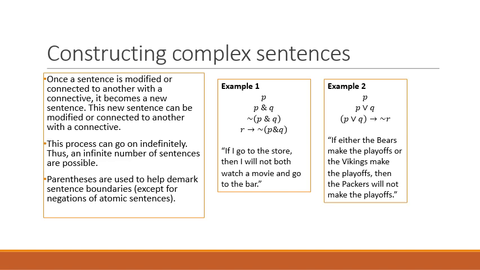The Q here is Vikings make the playoffs, and the R, not the not R, but the R, is Packers will make the playoffs. So not R would be Packers will not make the playoffs. So that's why we got that negation there. Again, a fairly complicated sentence, but if you look at it in the symbolic language, you can see its structure a little bit more clearly.